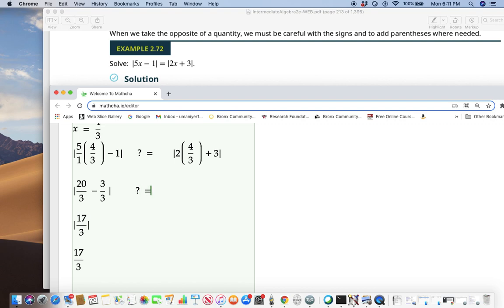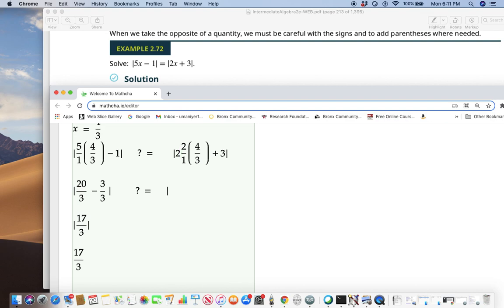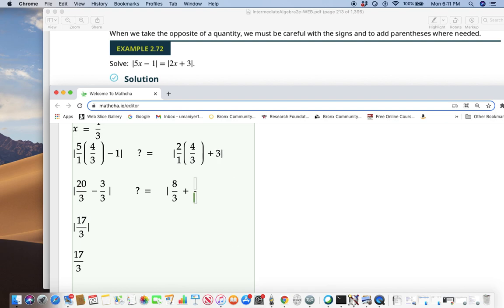Question is, is it equal to the right hand side? Well, let's try. 2 times 4 over 3. 2 should be thought of as the fraction 2 over 1. So when I multiply, 4 times 2 is 8 over 3 plus 3. I want common denominator 3, so I will write this as a fraction. I need a 3 downstairs, so I multiply 3 by 3, so 9/3.